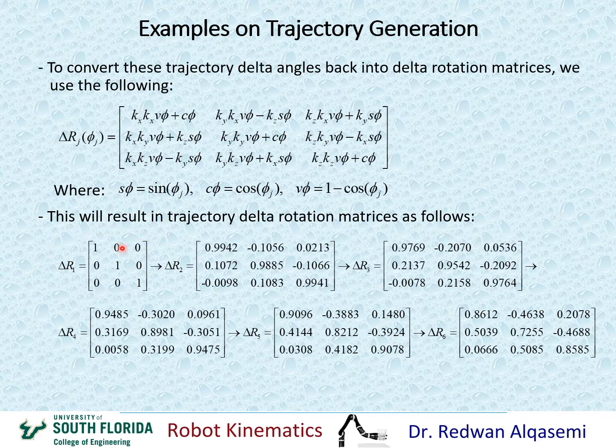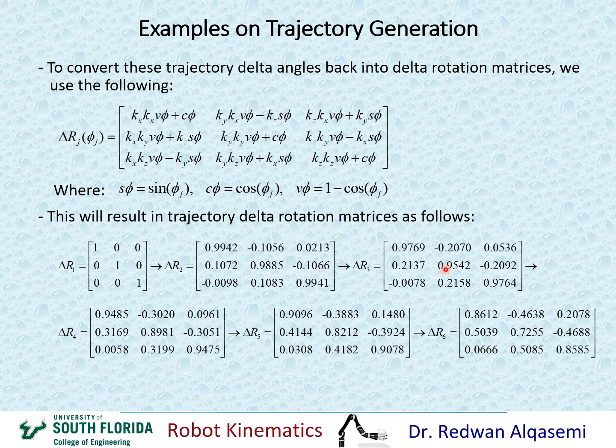So for delta R1, we substituted the first phi trajectory point in here, and we got delta R1. As you can see, the first one is the identity matrix. And then when we substitute the second step from the phi, that would give us this delta R2, and the third step would be delta R3.